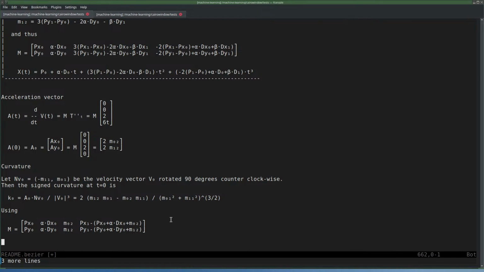The whole idea is that I want to make this curve fit continuously and with the same curvature at the first point. The previous curve is already known, so I know the acceleration, the velocity, everything.